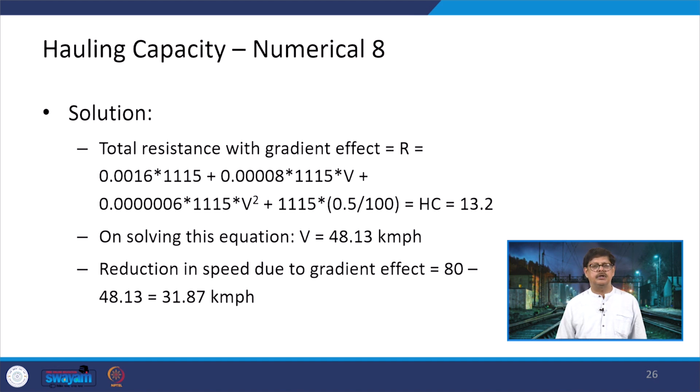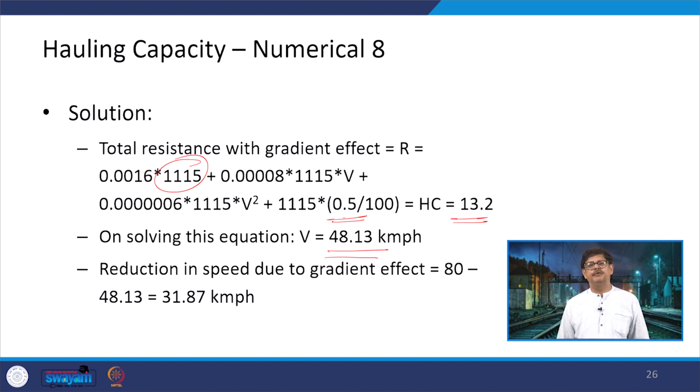V is not known, but the load is there, which we calculated previously, and it comes into this equation along with the effect of the gradient. When this equation is equated with the hauling capacity calculated previously as 13.2 tons and solved for V, because it is a quadratic equation in V, what we get is 48.13 kilometers per hour.